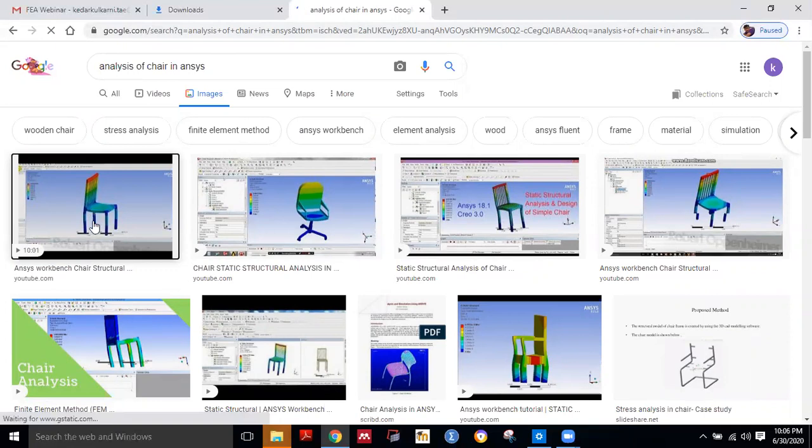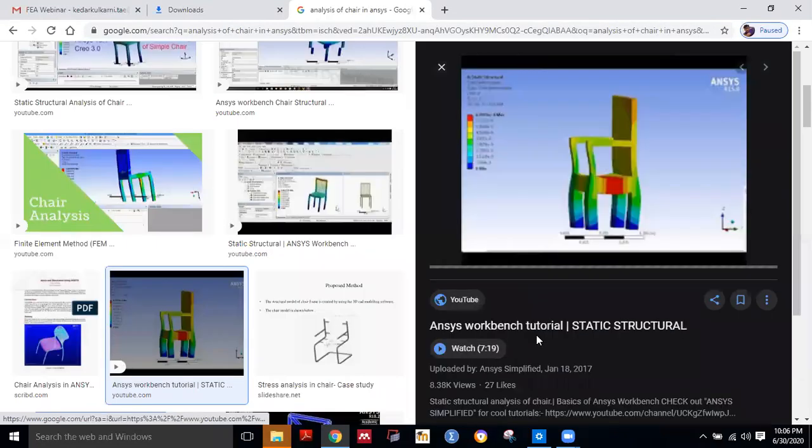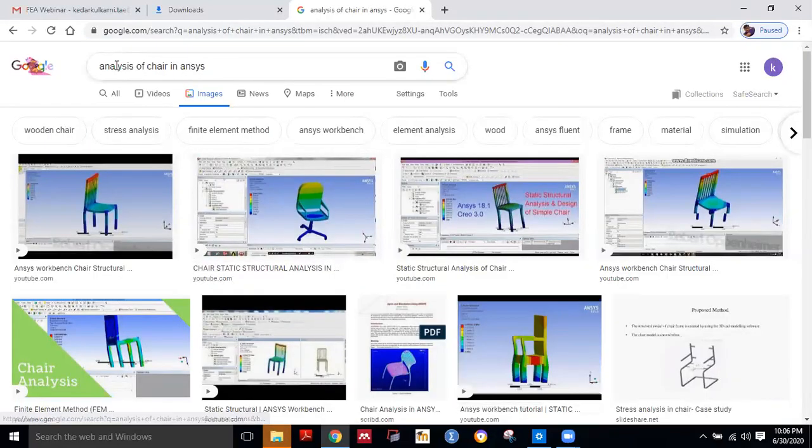So how to find the examples? I have told you to find the examples. Some of you or most of you might have copied and pasted, but this kind of analysis is done. But before that, you can go for checking the meshing of a chair.